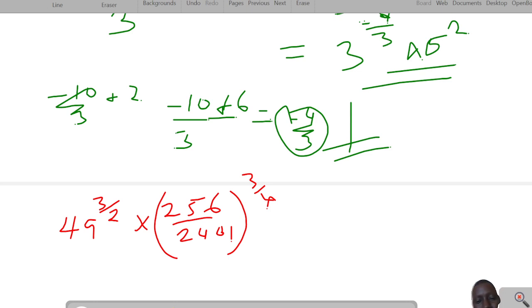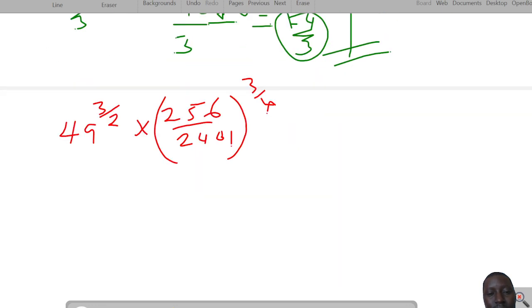First, we are supposed to simplify this, and the question is, how do we simplify that? When you look at 49, it can be expressed in terms of 7. So 49 is actually 7 power 2, then into 3 all over 2.